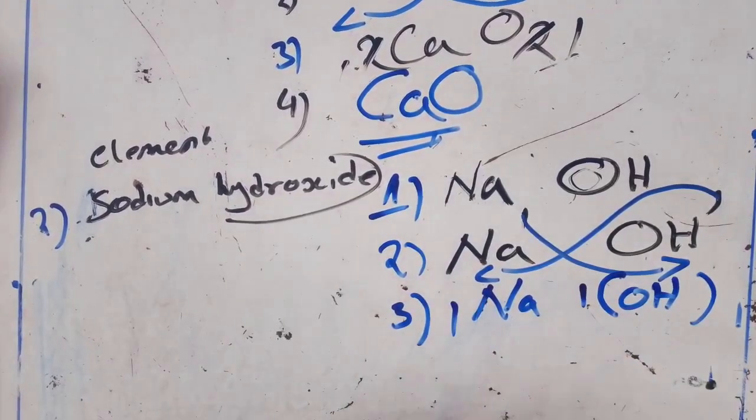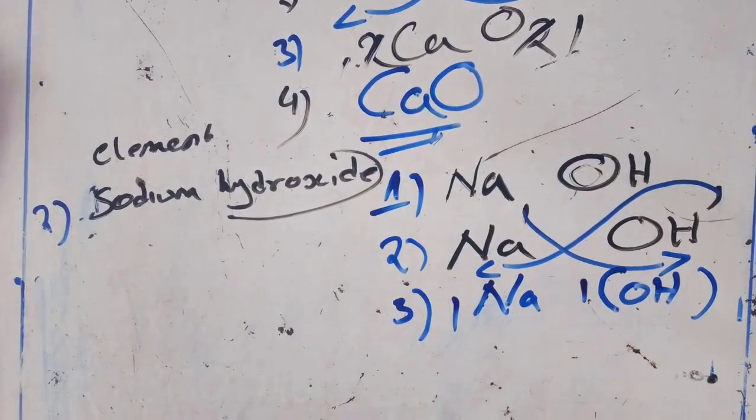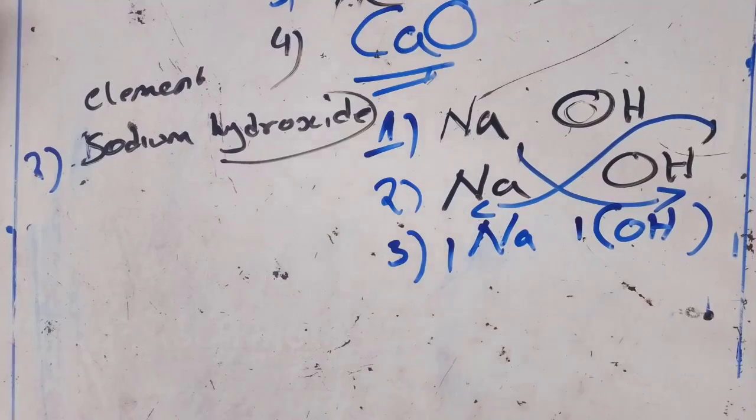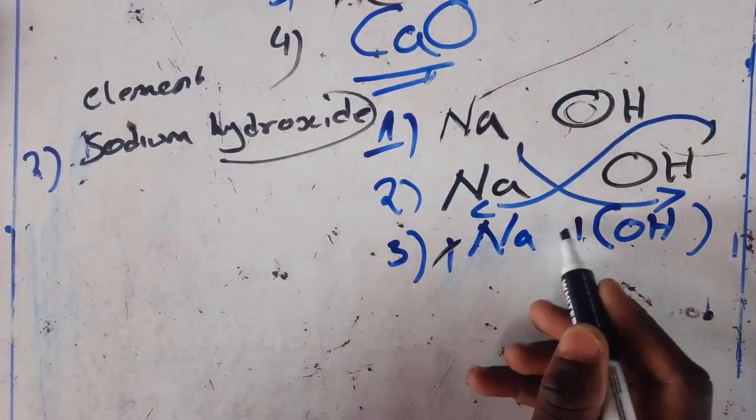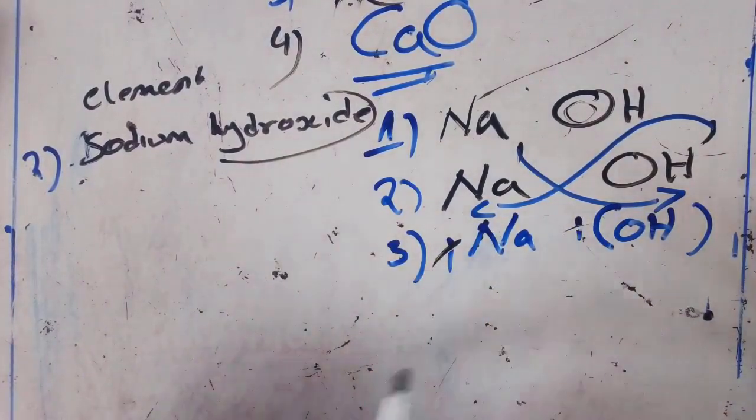So having written like this, then on step 4 you reduce the valences to their lowest ratio. So when you reduce these valences to their lowest ratio, you're going to have 1 and 1, reduced to their lowest ratio. And remember, when I'm dealing with writing chemical formulas, 1 is ignored.